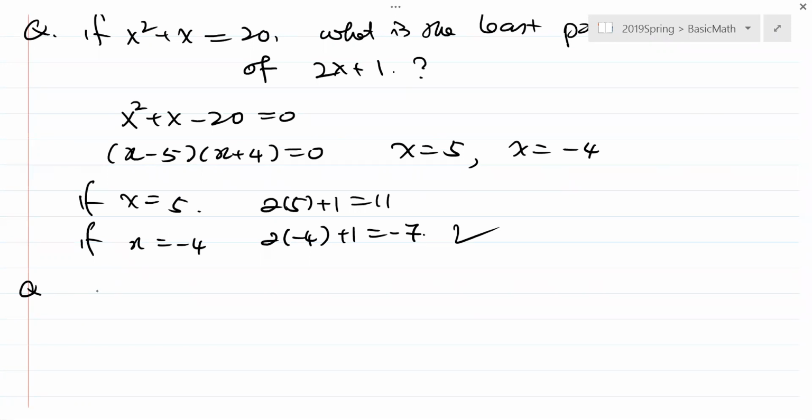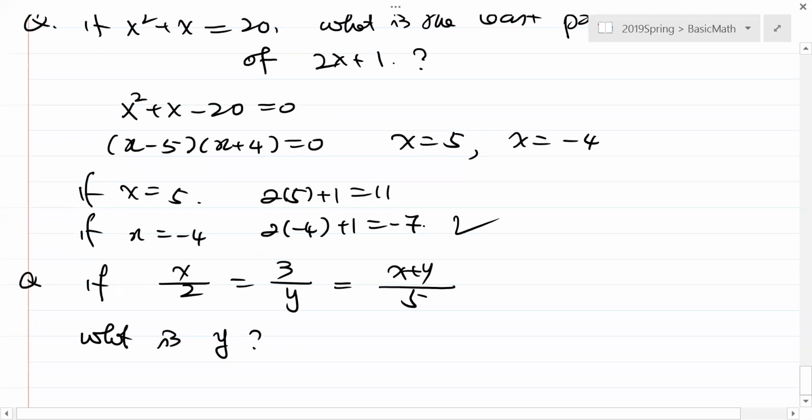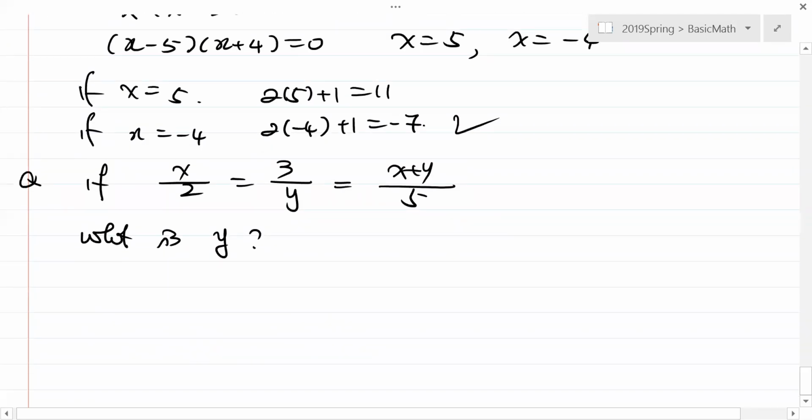Okay, next question: if x over 2 equals 3 over y, and x plus y equals 5, what is the y value? The value of y is 3.